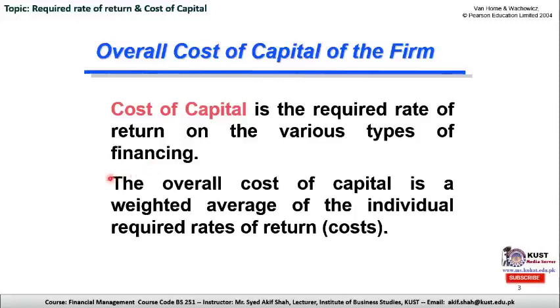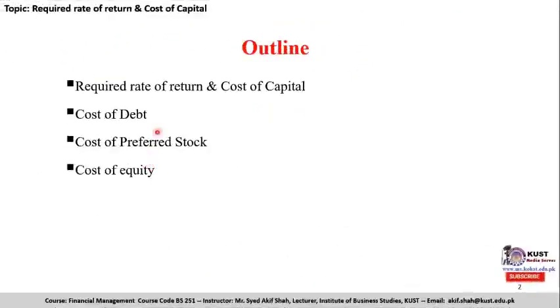However, what is the overall cost of capital? The overall cost of capital is a weighted average of the individual required rates of return. The definition says that we have to calculate the weight of the debt, the weight or proportion of preferred stock used by the company, and similarly the proportion of equity used by the company, and we have to multiply their weight with the amount financed by the company, and hence it will give us the total overall cost of capital to the firm.